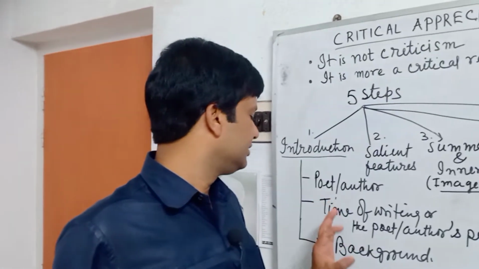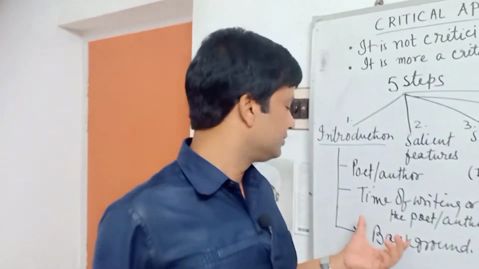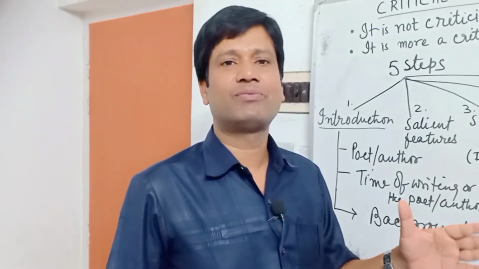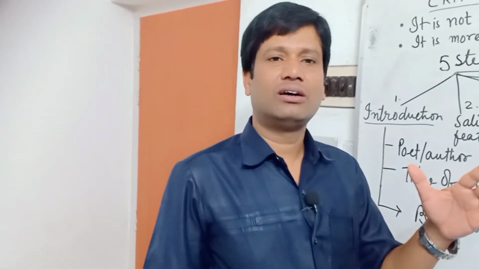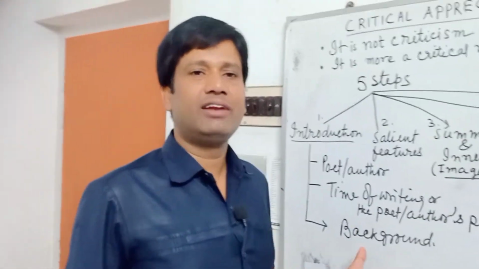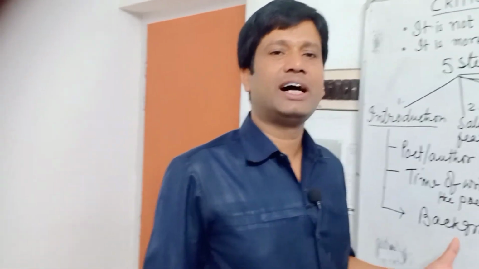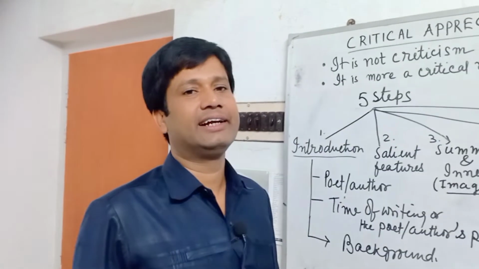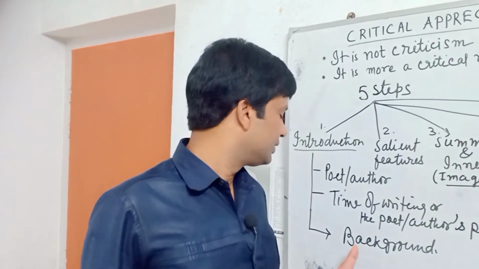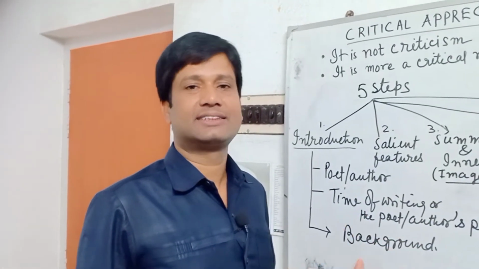And you have to write the background of the sonnet, that is, how the sonnet writing came from Italy and France to England, and how it was developed in the hands of the sonneteers of England, and how it came through the writings of Watt and Surrey.